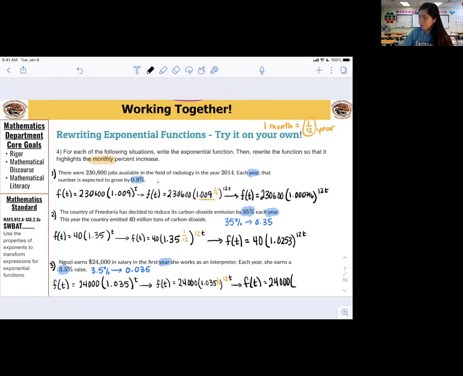And what is 1.035 to the power of 1 over 12? 1.00287. So there we have it. There were the three functions.